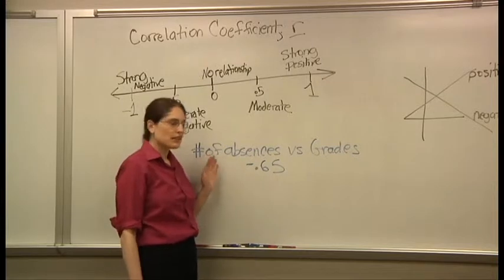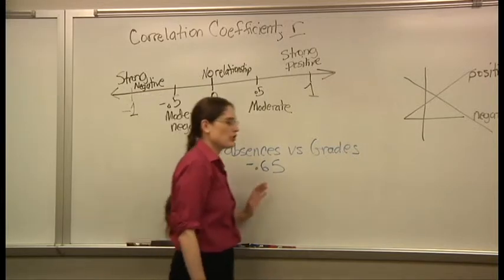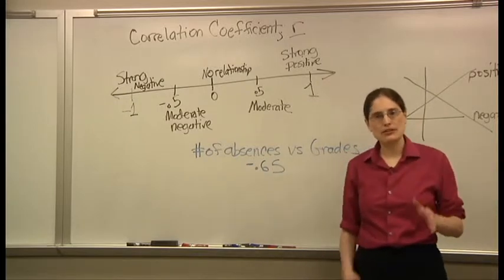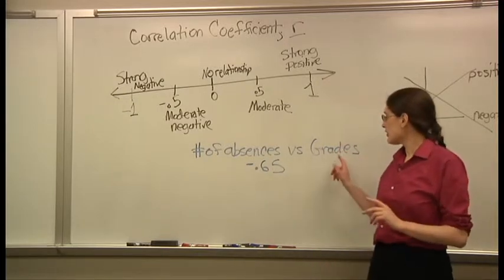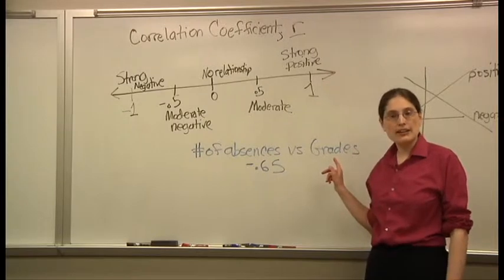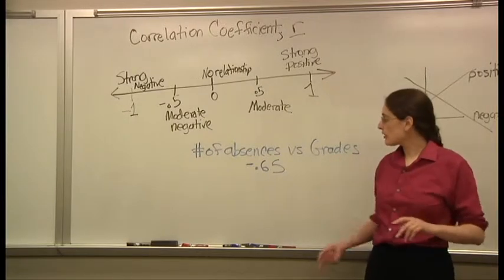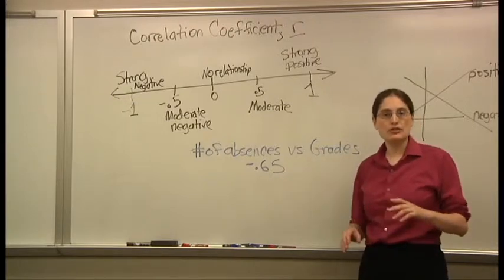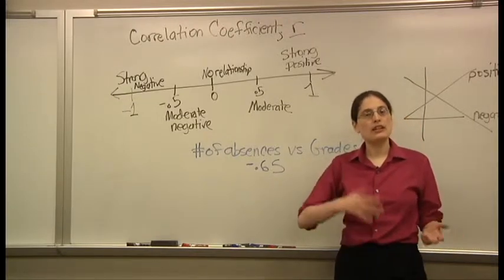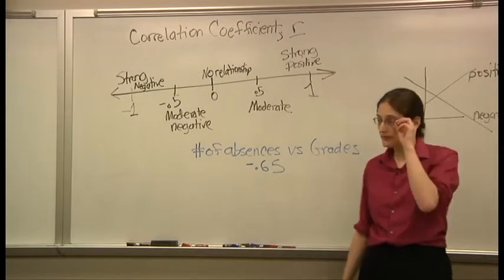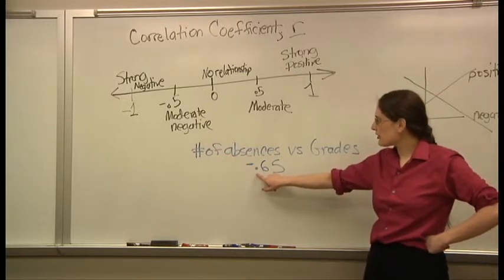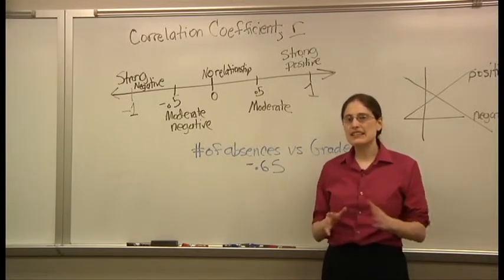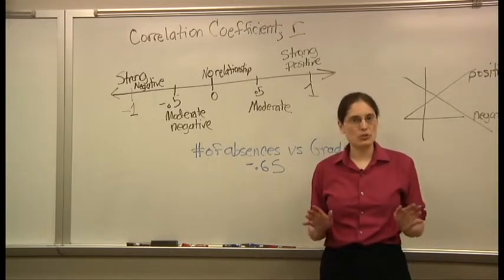So let's say we measure for a whole bunch of students how often they're absent from algebra class versus their final grade. I did this. The correlation was about -0.65. So the students who were absent more often got lower grades. A correlation coefficient of negative 0.65 is not the strongest correlation in the world.